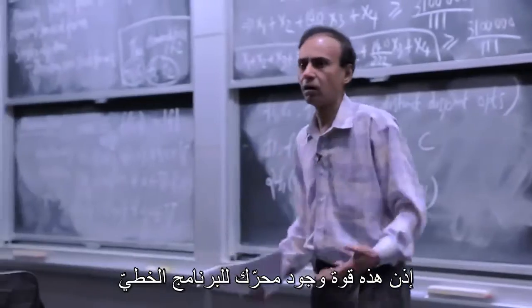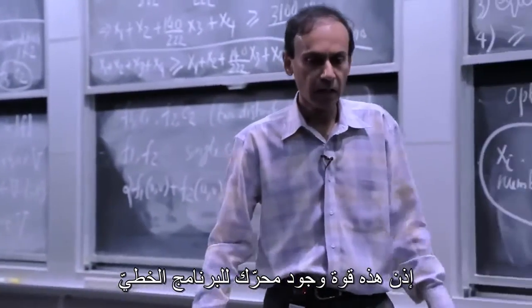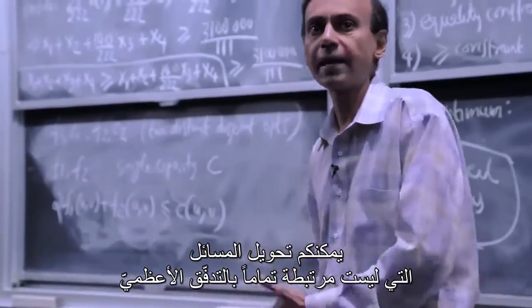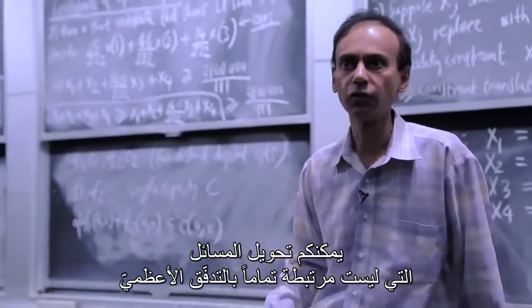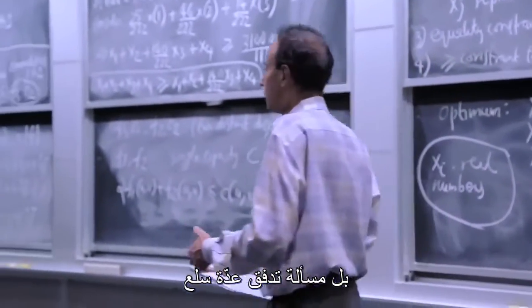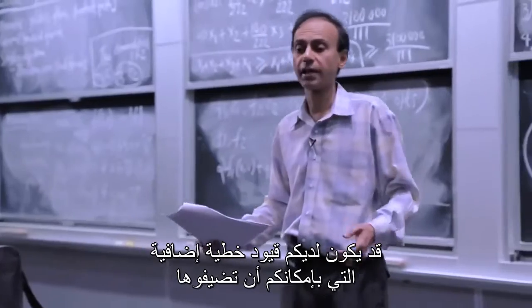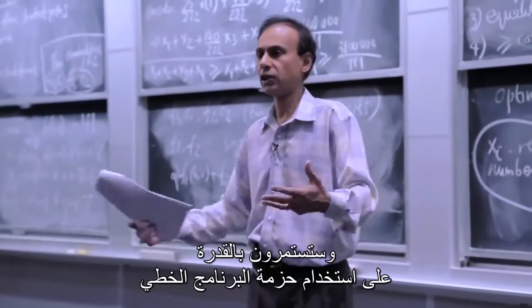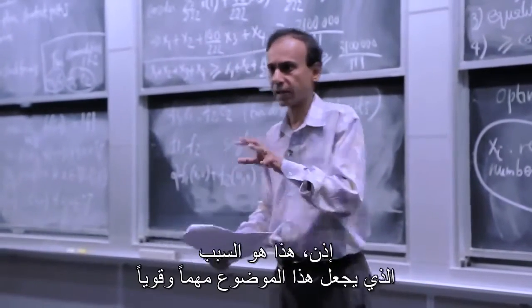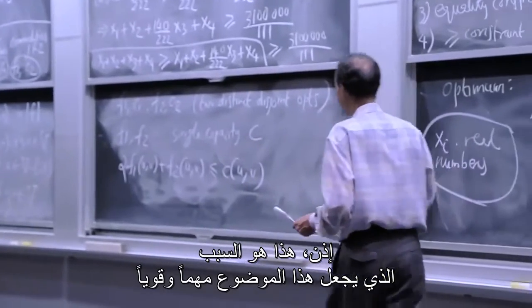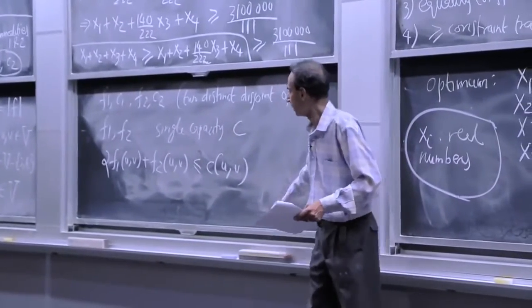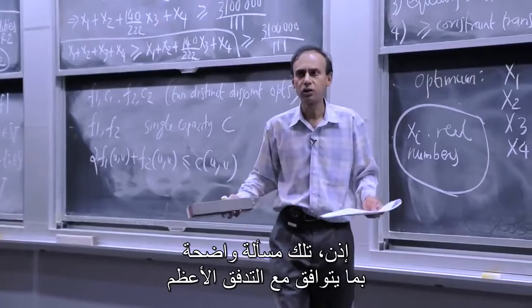So that's the power of having an LP engine. You could translate problems that are not exactly max flow, they're multi-commodity flow. You may have additional linear constraints that you could add, and you could still use your LP package. Right? So that's the reason why this is interesting and powerful. So that was kind of an obvious one corresponding to max flow.